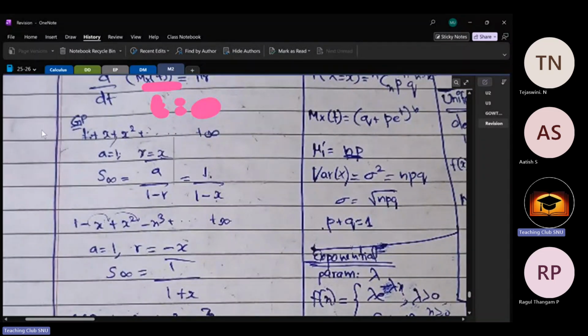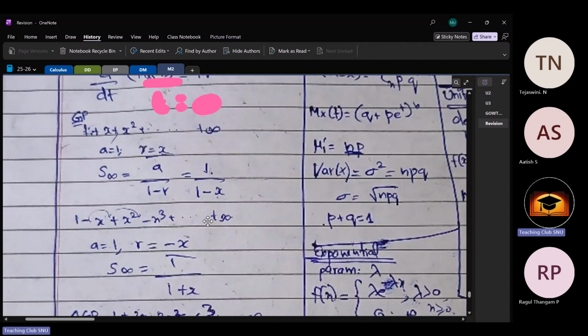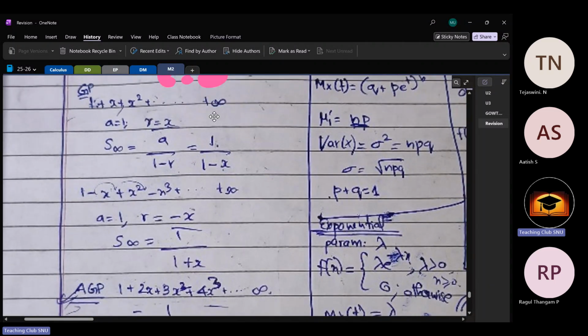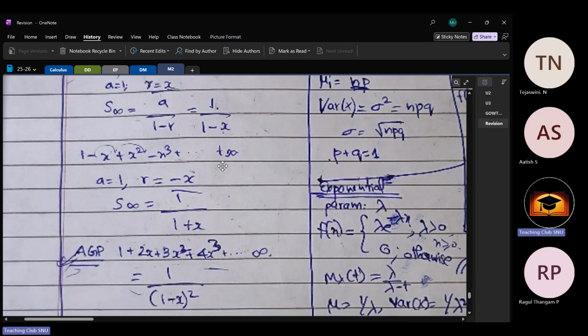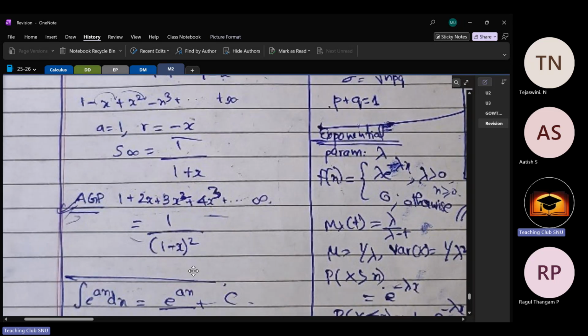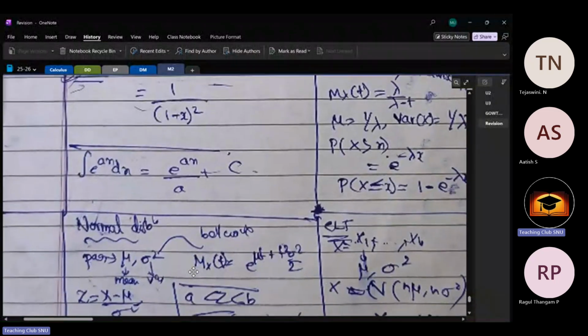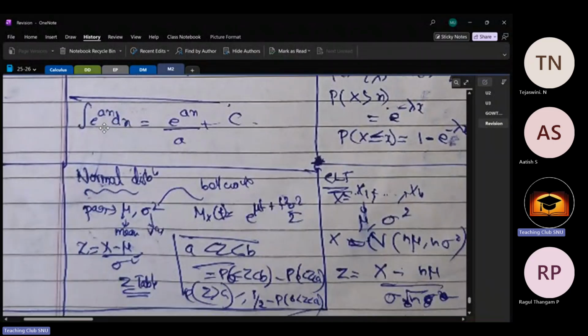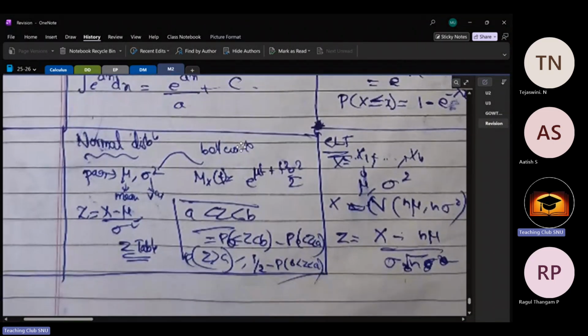This is a geometric progression, that is a by 1 minus r as the sum of infinite terms. So in this case, it is 1 by 1 minus x. Similarly, 1 by 1 plus x, 1 by 1 minus x the whole square, and so on. Yes. Integral of e power ax dx is e power ax by a plus c. Just want you to know that. Yeah. Next.